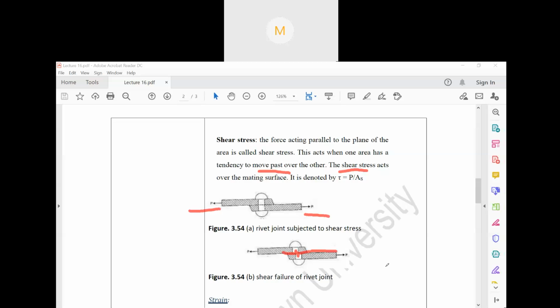Is it clear now? The forces we are applying are normal, I think, sir. Yeah. No, wait now. These forces are acting parallel to the plane of the area. This force is normal to this plane. But if you apply the force here, since this is not a combined thing, this will definitely be parallel to this plane, right?